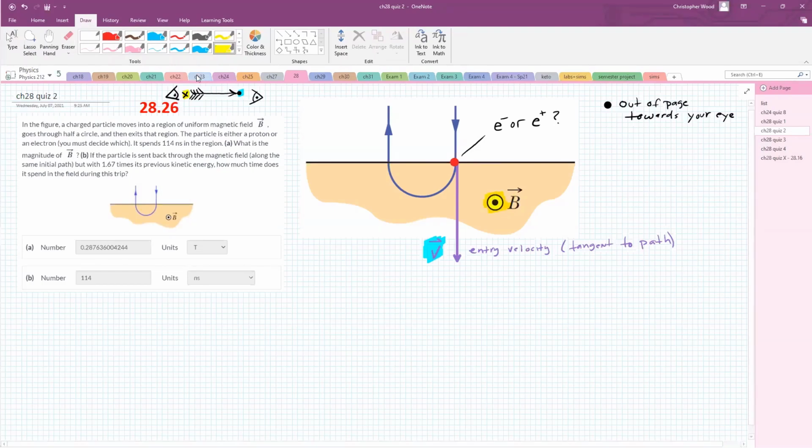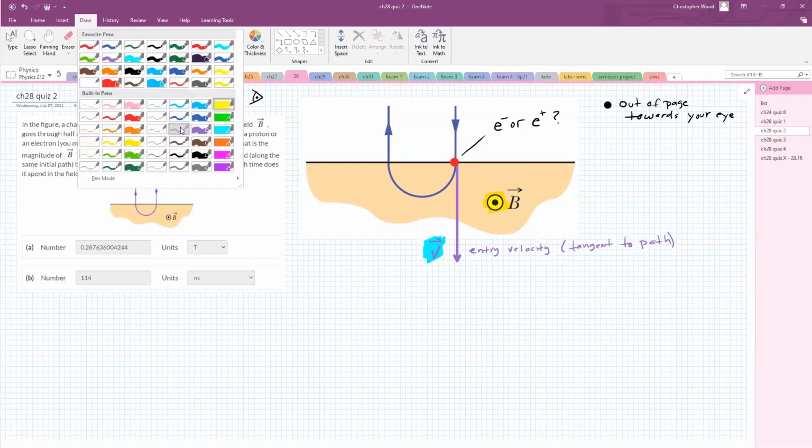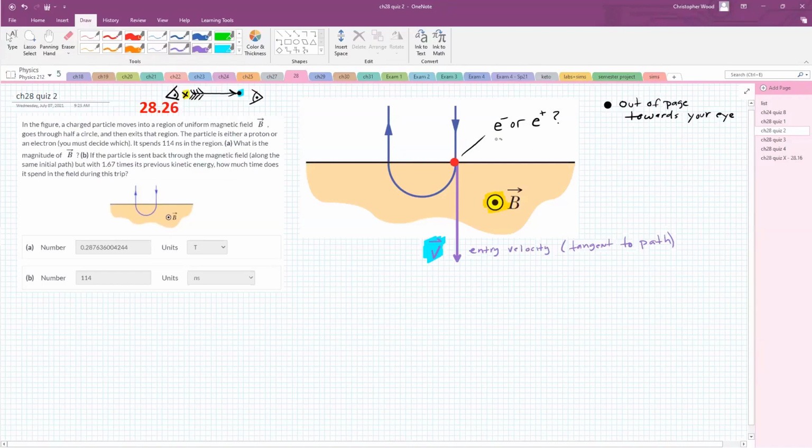So I know Q, V, and B. I know Q: if it's a proton or an electron, Q equals negative E for an electron, and Q equals positive E, the fundamental charge, for a proton.